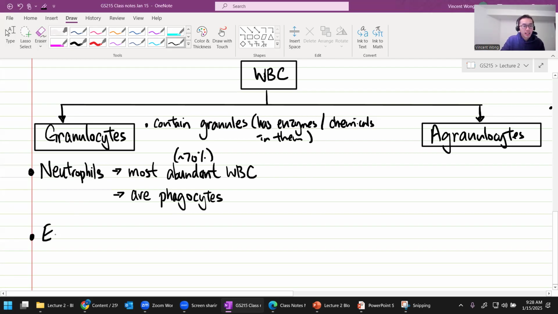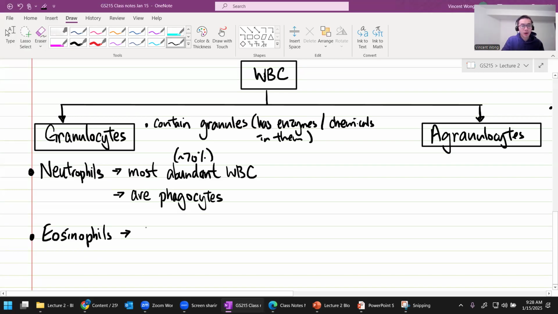Next one is eosinophil. Eosinophils, they do several things. I'm just gonna keep it simple for you, so I'm just gonna emphasize one of their functions.